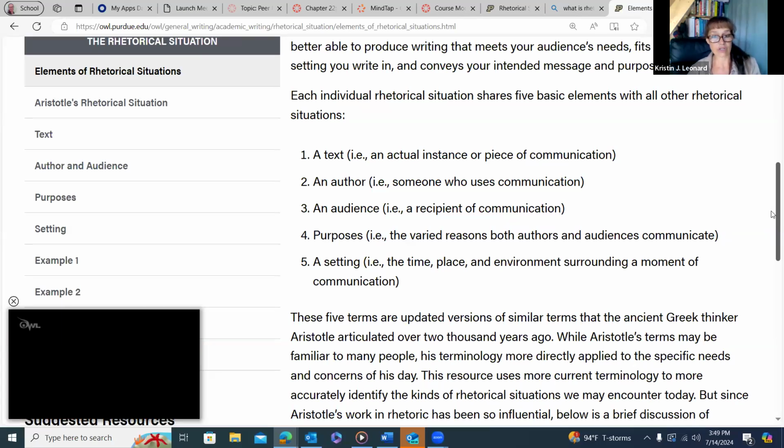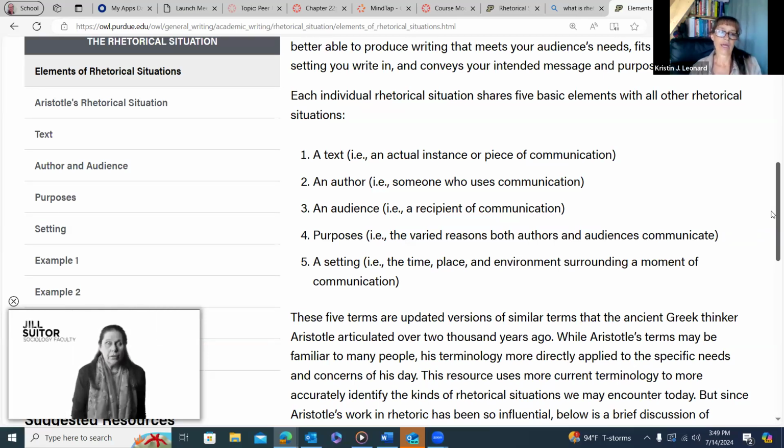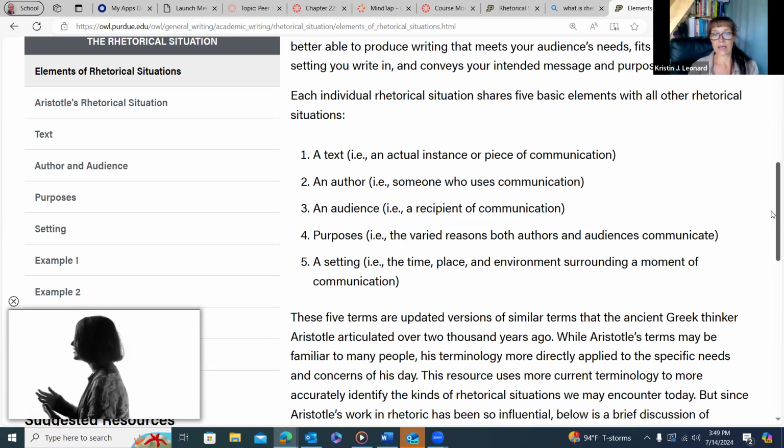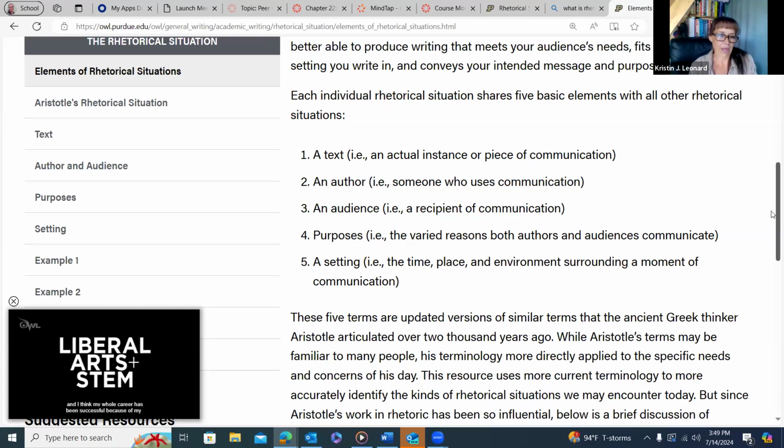That's a form of communication. So we call that the text. Next is the author. That is somebody who's using the communication. That could be you sending a text or posting on social media. It could be me right now talking to you, doing an impromptu speech, i.e. lesson. Same thing, just oral communication.